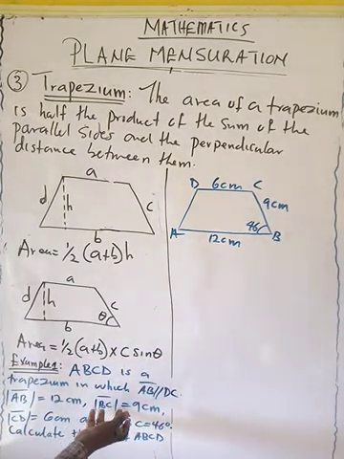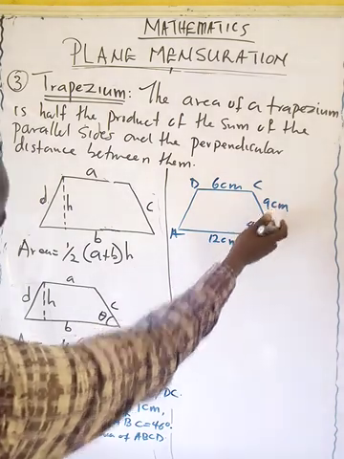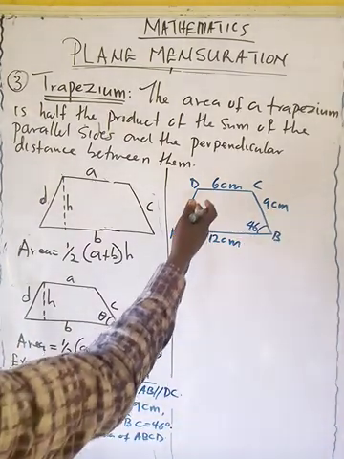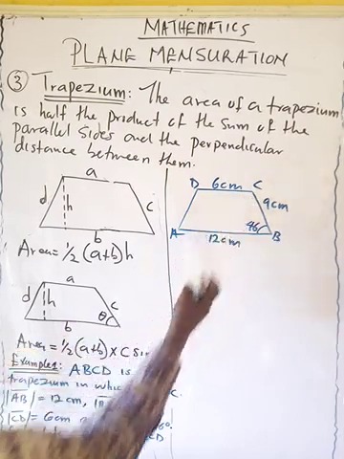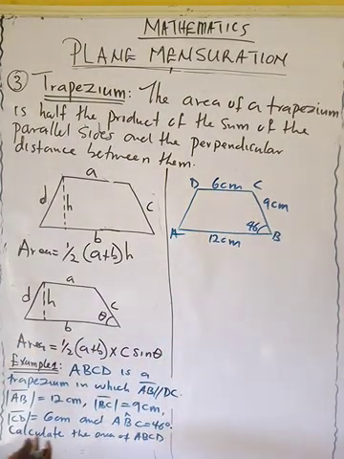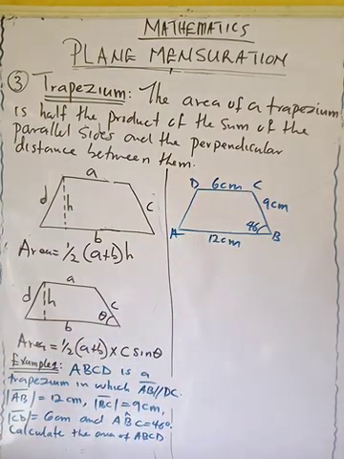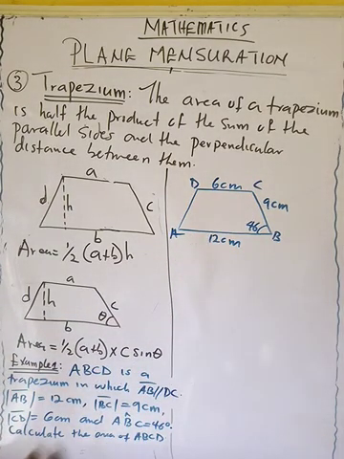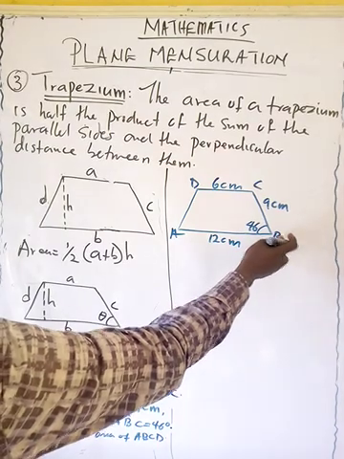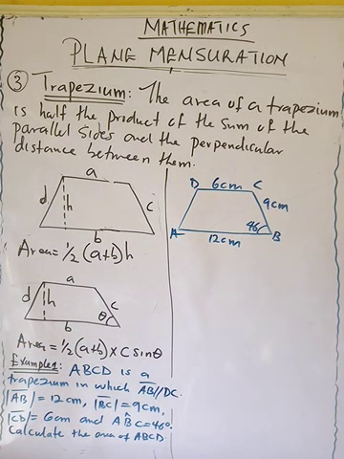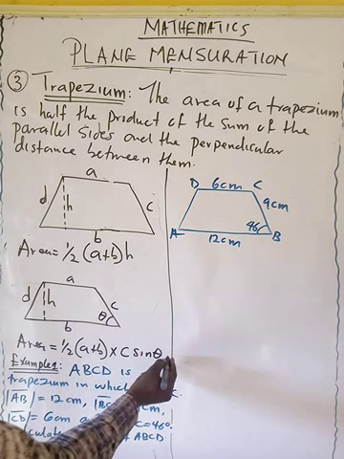Our BC equals 9 centimeter. Our CD equals 6 centimeter. And angle ABC here is 46 degrees. Calculate the area of ABCD. So we are going to make use of this.